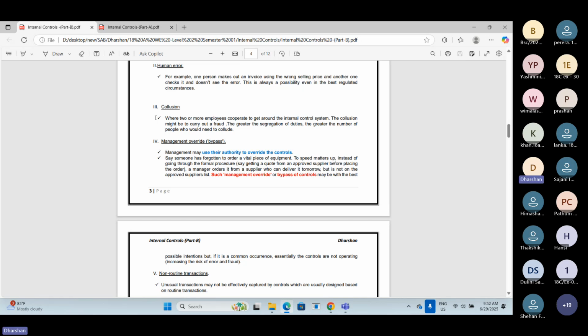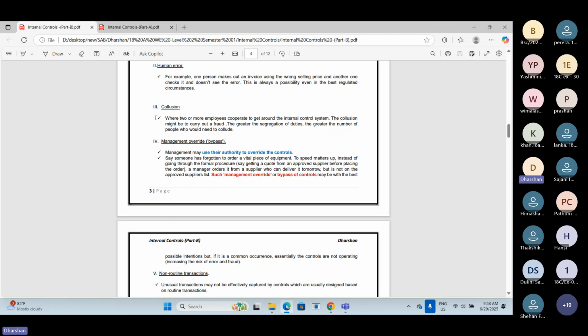We have learned that one person cannot perform two key tasks. If he performs two key tasks, then he may be involved in fraudulent activity. That's the reason. So if we increase the number of staff in segregation of duties, then that may reduce the fraud.